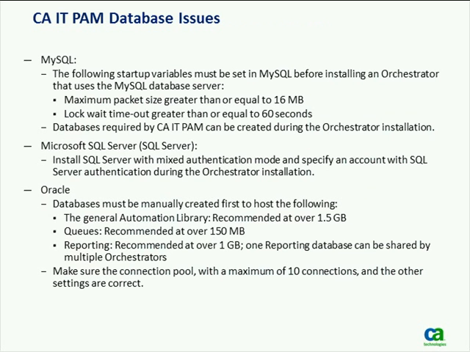The queues are recommended over 150 megabytes, and the reporting over 1 gigabyte. One reporting database can be shared by multiple orchestrators, like in SQL Server, their recommended architecture. And make sure that the connection pool has a maximum of 10 connections and the other settings are correct.